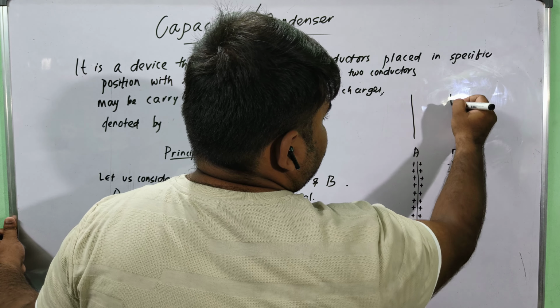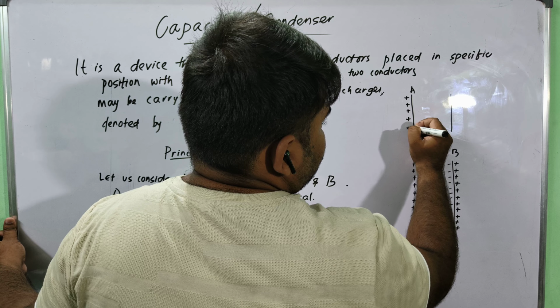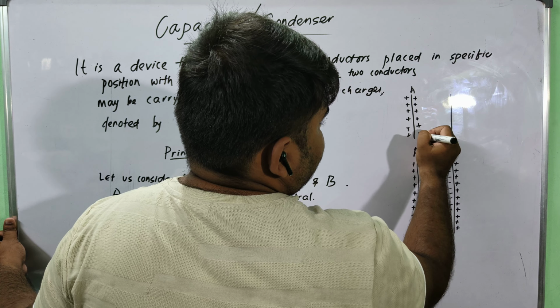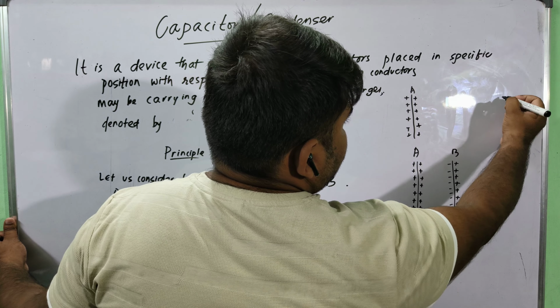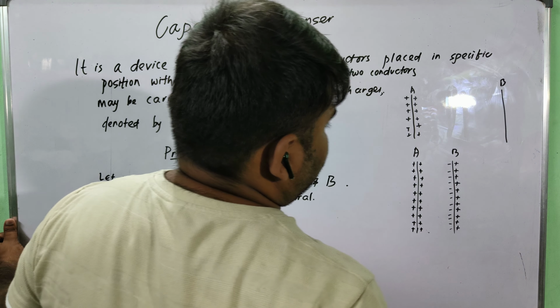Let us draw it again. A is positively charged and B was neutral, some distance apart, such that it doesn't affect the other plate.